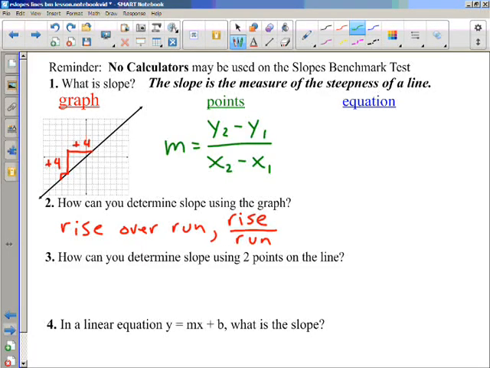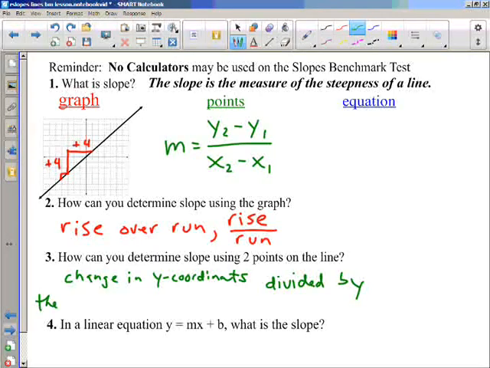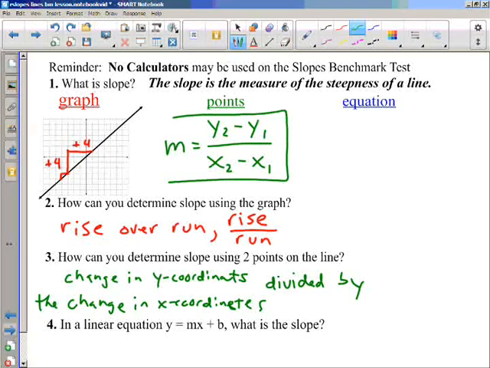So in this case, we could say the change in y coordinates divided by the change in x coordinates. And you'll typically not write it out. You'll just write the slope formula, m equals y2 minus y1 over x2 minus x1.